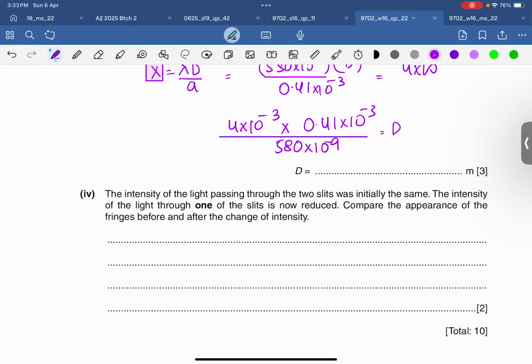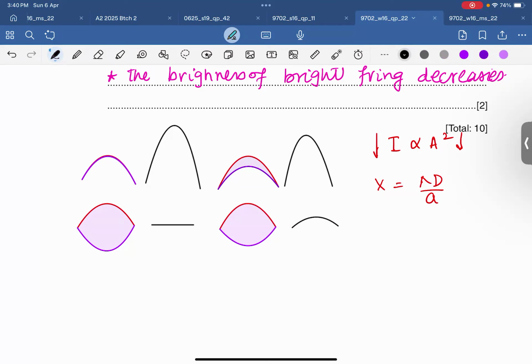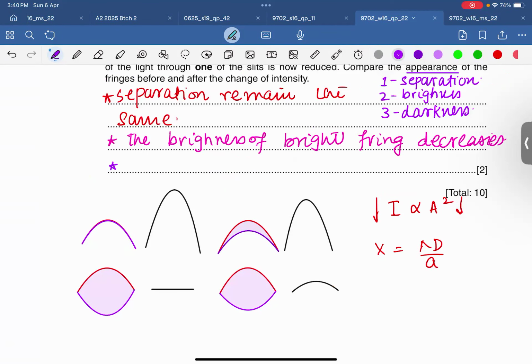Since it has some amplitude, it will produce some bright spot in place of dark, right? So for the last point, you can say that the darkness of the dark spot will be reduced. Okay, clear, guys? Is that clear?